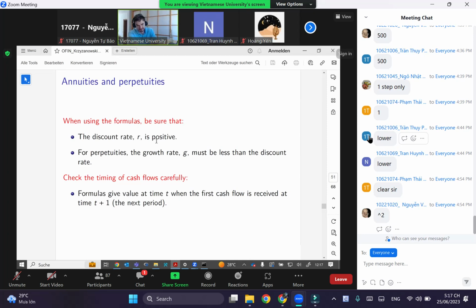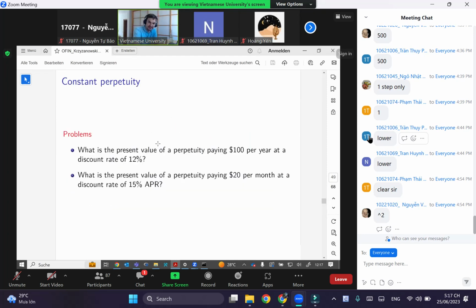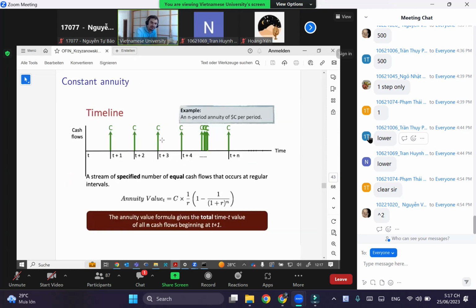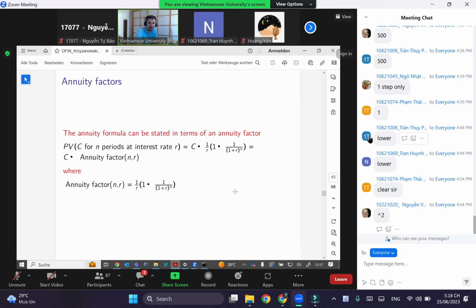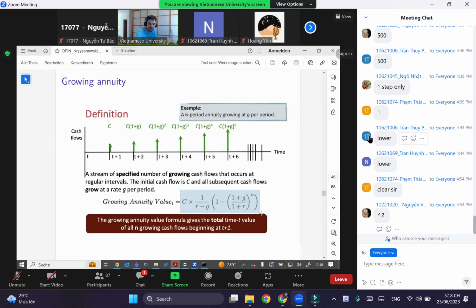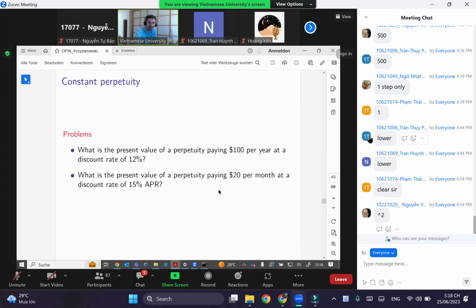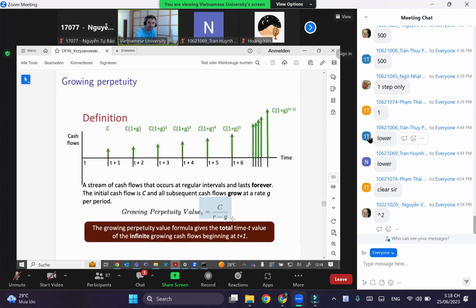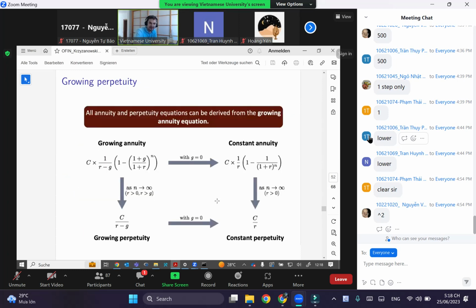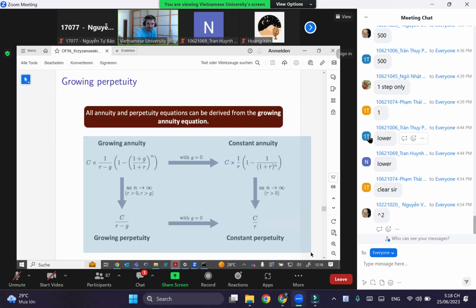Now, we've seen these 4 formulas. I'm jumping a little bit, but we started with the constant annuity. This was our formula. We then had our growing annuity. This was our formula. We had our constant perpetuity. This was our very easy formula. And we had our growing perpetuity, which was also a very easy looking formula. We can bring all these formulas together here on this sheet.